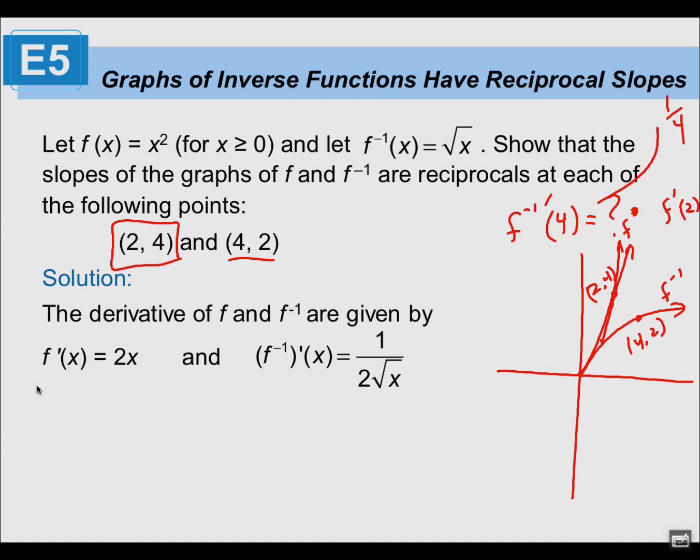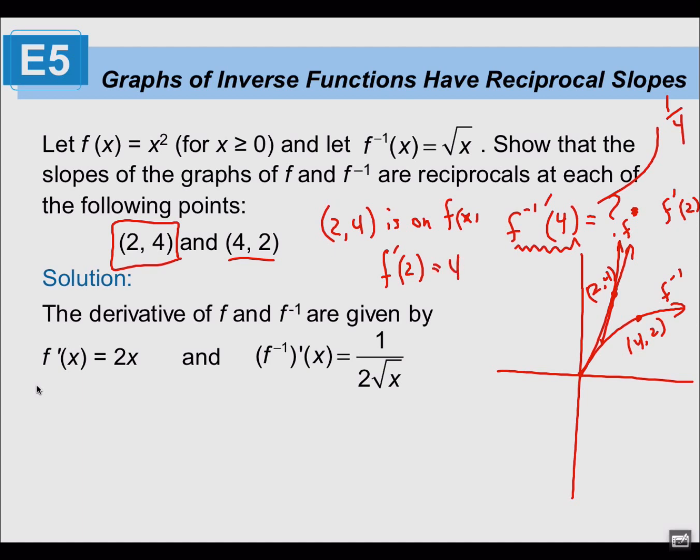Does that make sense? Can you do that again? Can you break it down? Sure. I know that 4, 2 is on the inverse, so that 2, 4 is on the function. So 2, 4 is on f of x. So instead of finding this, I'm going to find f prime of 2. I'm going to use the y value from the inverse as the x value in the function.